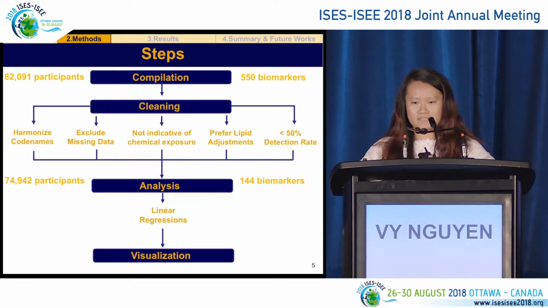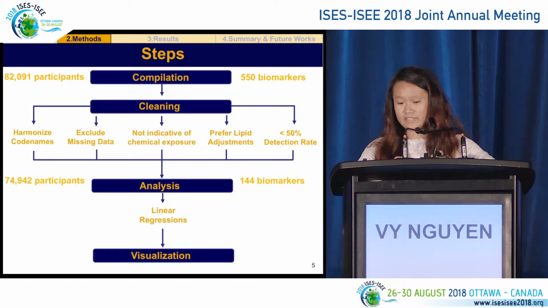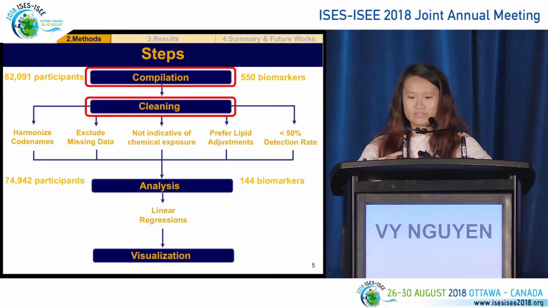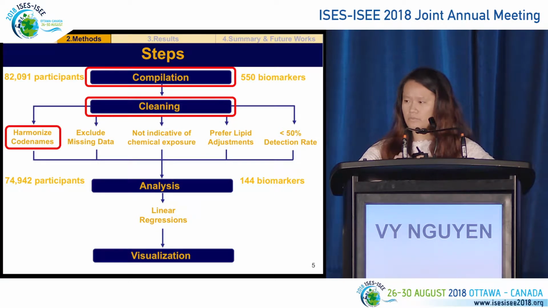Okay, so what are the steps needed to undergo this project? There's about 200 individual files to gather, and so I developed an algorithm to compile all these files into one large database of 82,000 participants and 550 biomarkers. And then we need to do some cleaning to prepare for the analysis. There's certain chemicals that have 2 different NHANES code names, and so that had to be harmonized for consistency.